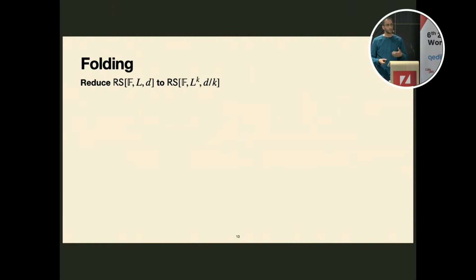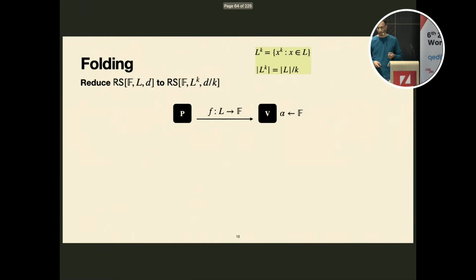It's a natural recursive step: if I want to test a Reed-Solomon code with evaluation domain L and degree D, I want to recurse and reduce it to some other problem, which is still Reed-Solomon, but with degree D over K and evaluation domain L to the K. Well, L to the K is some subset of L of size |L| over K. K is some constant, think of 8.